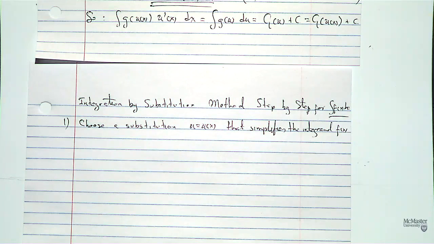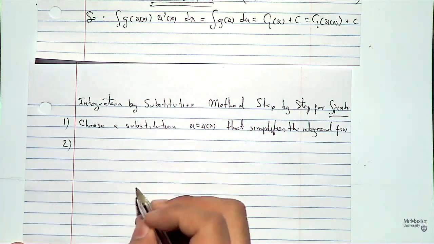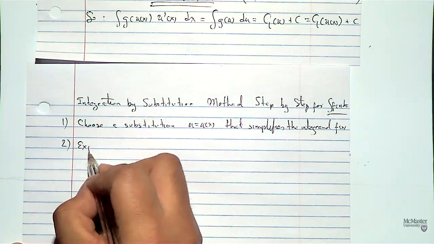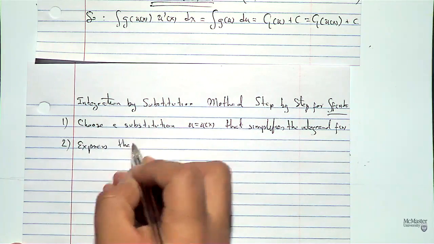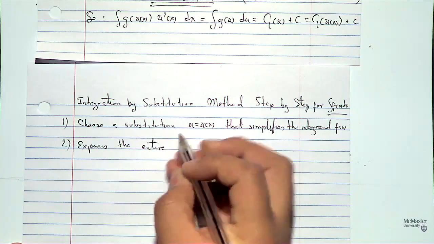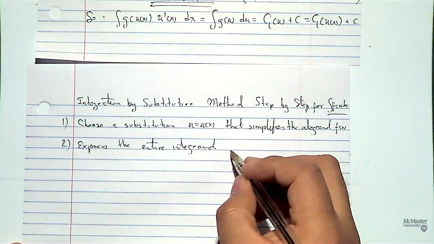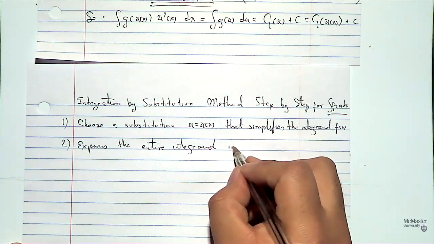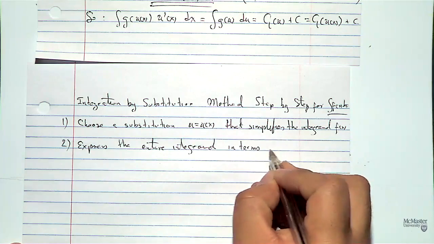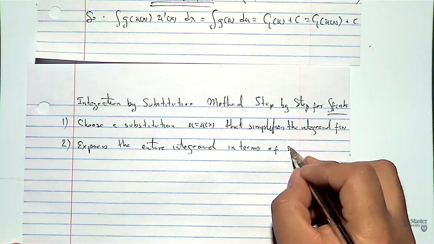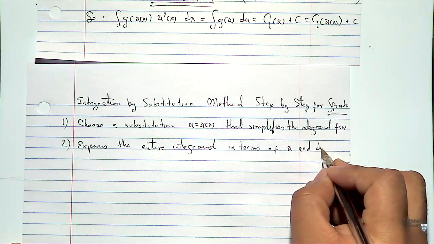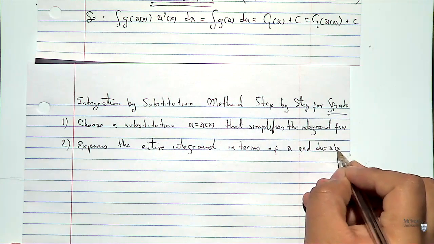So you have to find some function that might make the problem simpler. Then the second part is to express the entire integrand in terms of u and du, which is equal to u prime of x dx.